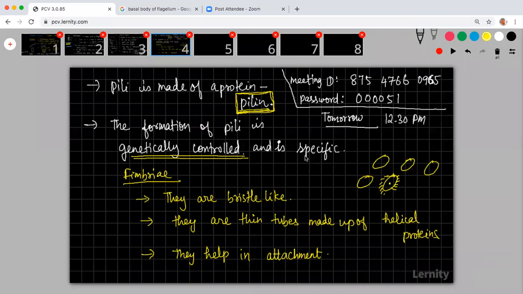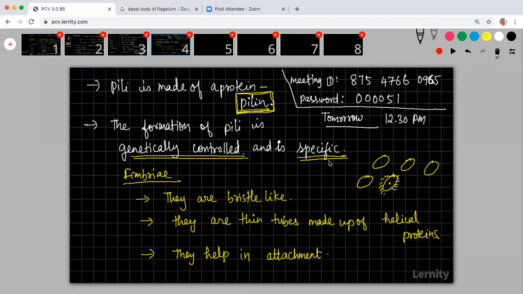It is specific. What is the meaning of specific? The formation of pili is specific, which means it is seen only in specific species. It is not seen in every random organism. So it is genetically controlled, genes will control it, and it is specific.